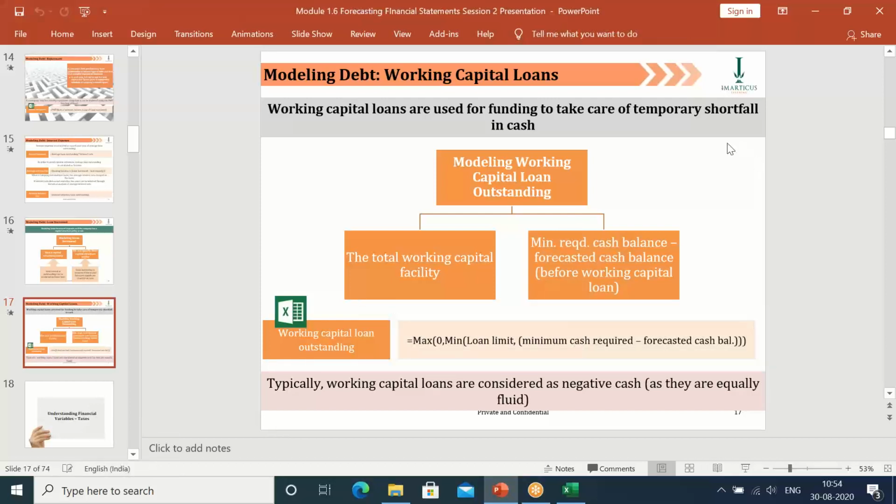In case no questions, so this completes our debt modeling. So in debt modeling, there are two types of debts which is possible. One is a long-term debt, and second is a short-term debt, which is a working capital loans. And we've discussed what each of these in terms of the actual application.